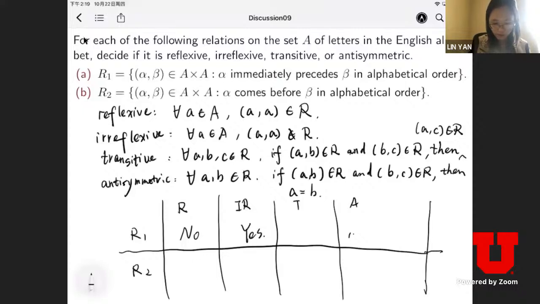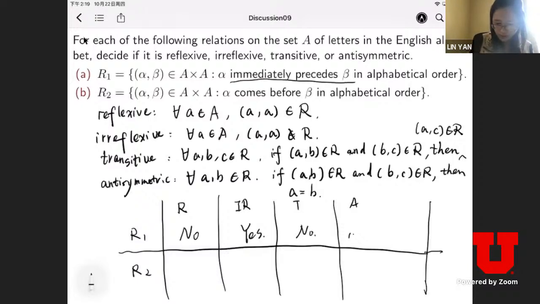And the third one is whether they are transitive or not. Okay, someone says yes, someone says no. The answer is no. Because remember, in this relation, alpha should immediately precede beta if AB is in this relation.